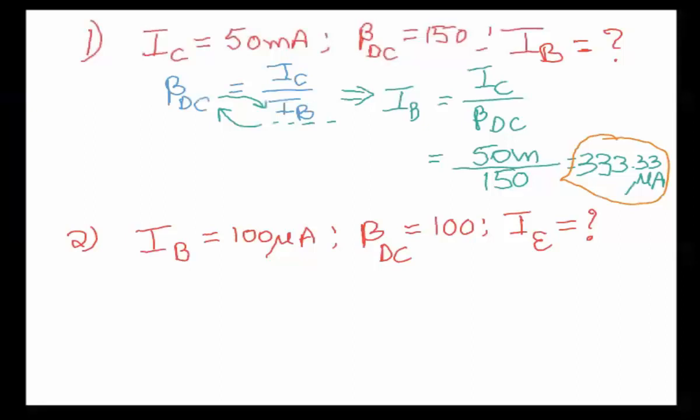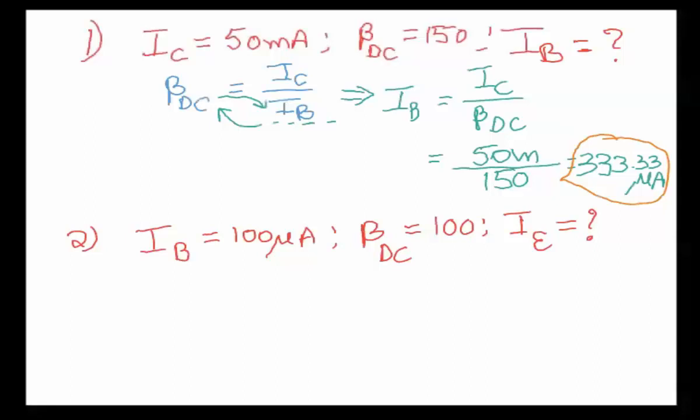The second one is the base current is 100 micro, the beta DC is given as 100, and it's asking for the emitter current. So you definitely need to think a little bit on this one.